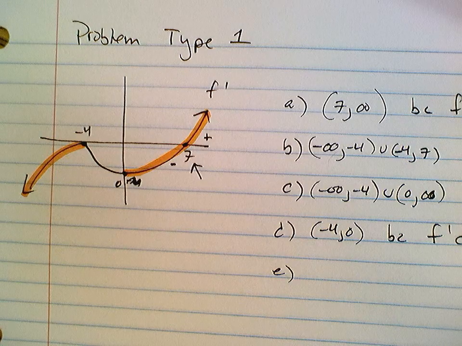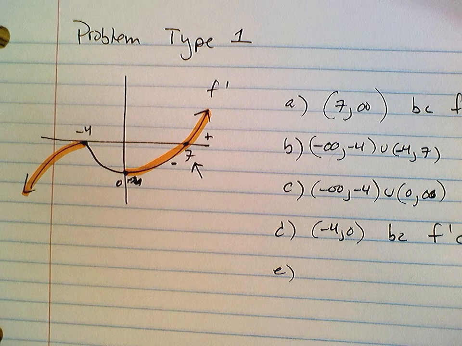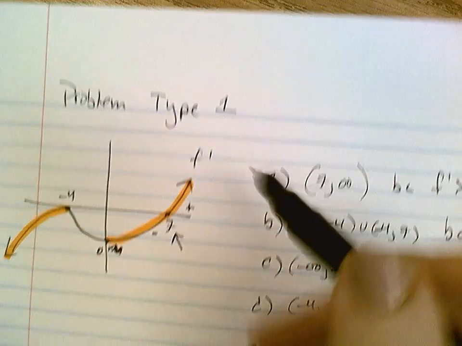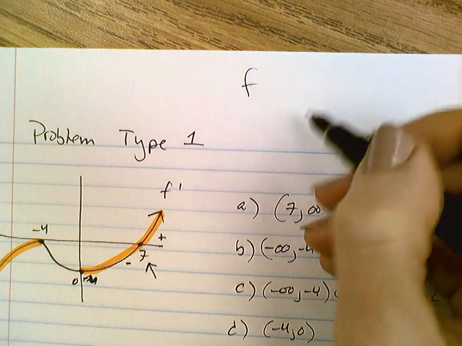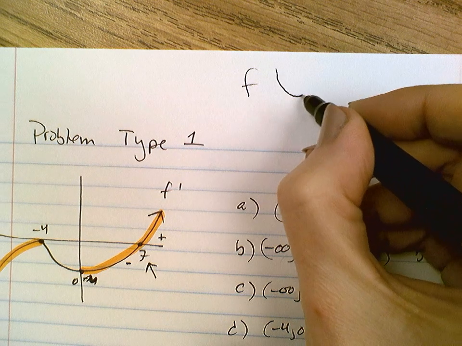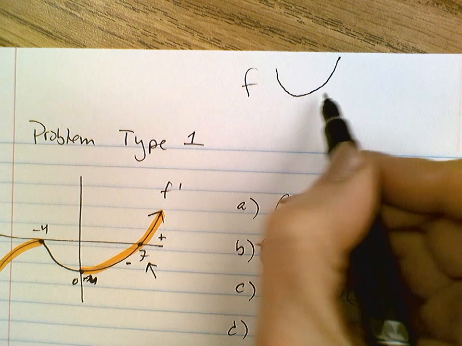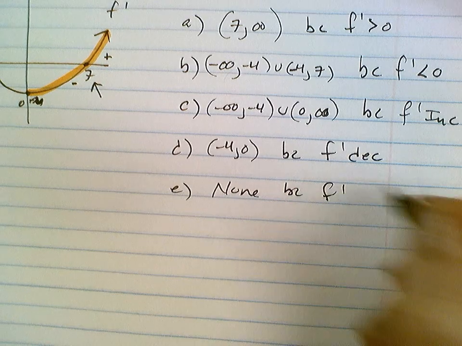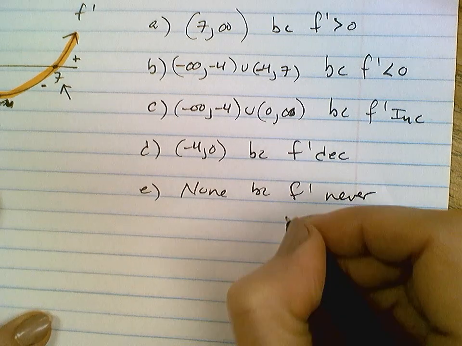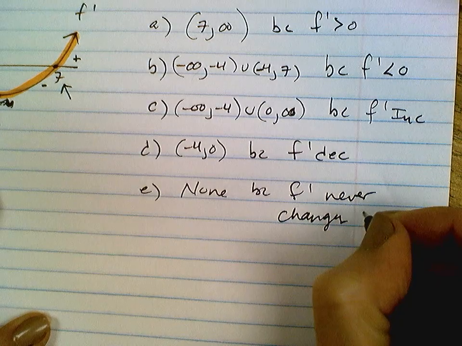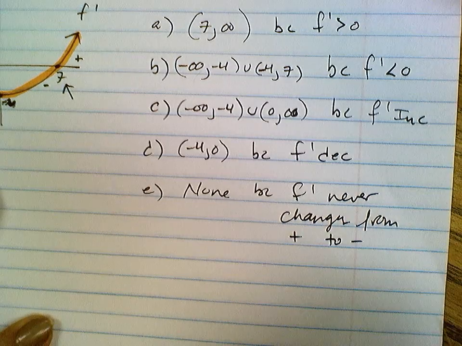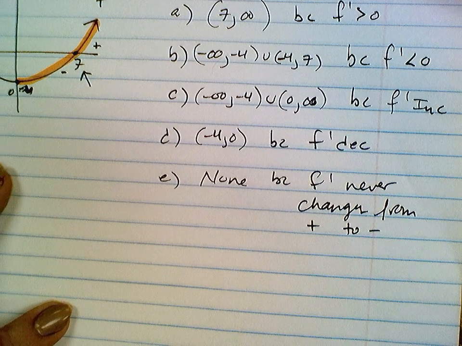But f prime going from negative to positive means that f goes from decreasing to increasing. So that's not going to be a max, that's going to be a min. So there is no max. I'll say none because f prime never changes from positive to negative.